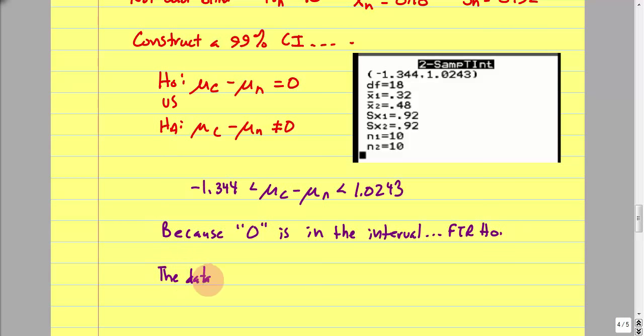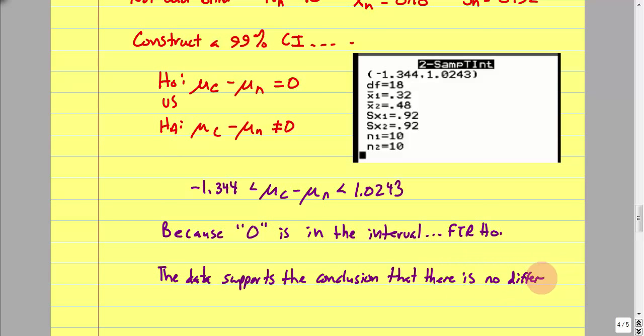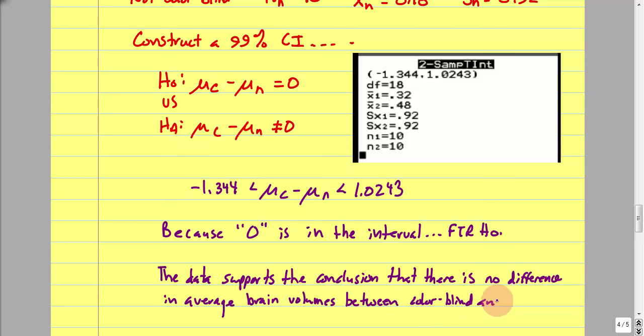So the data supports the conclusion that there is no difference in average brain volumes between colorblind and non-colorblind people. Because remember, 0 is in the interval.